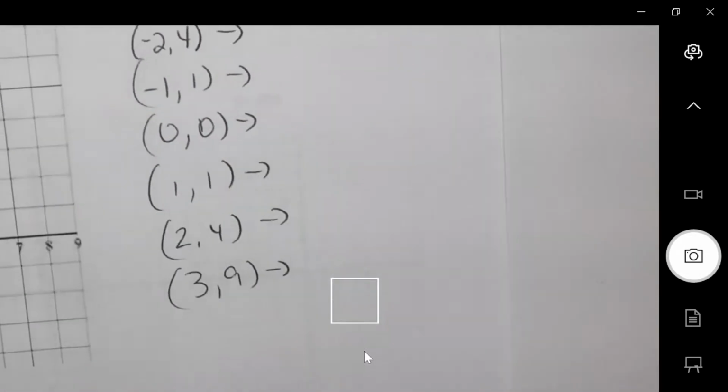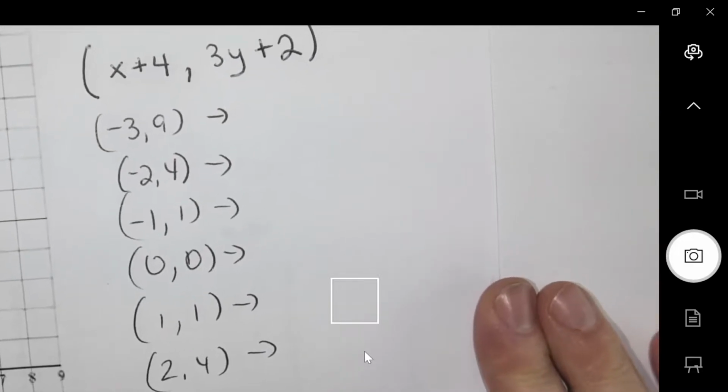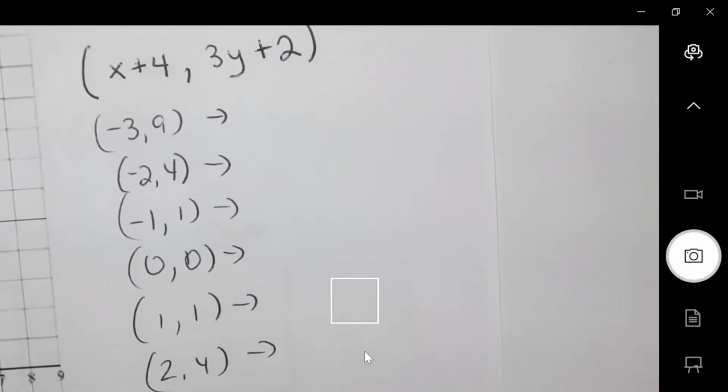Okay, I have the coordinates here. So those are the coordinates that we drew.